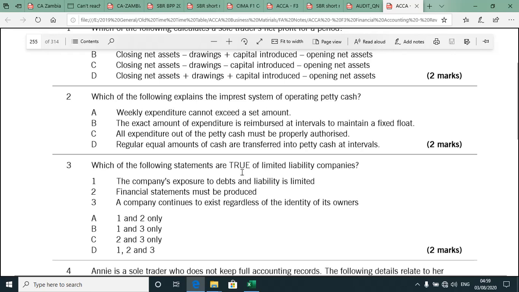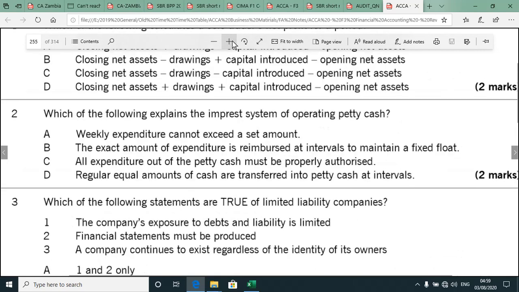A says weekly expenditure cannot exceed a set amount. And then B says the exact amount of expenditure is reimbursed at intervals to maintain a fixed float. I'd like to go for B. I think B is the best option in this case, because what is happening under B is that if we spend a specific sum of money, what we need to do is to bring ourselves back to the float.